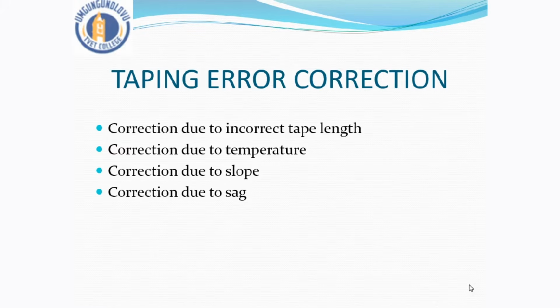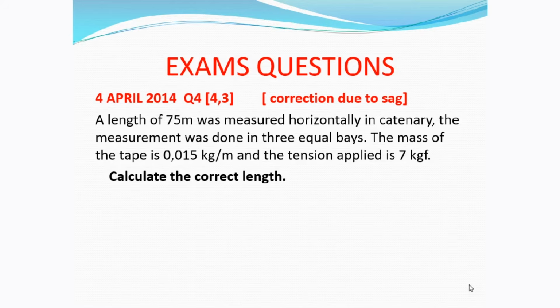So we have exceeded the standard temperature of the tape, which means we need to do the correction. And also we need to do the correction due to slope, and the correction due to sag. So we'll be looking at the previous question papers and we'll try to answer all those questions that are related to taping error correction.